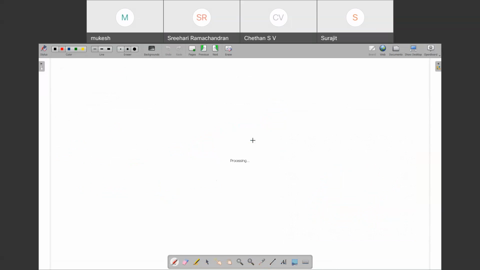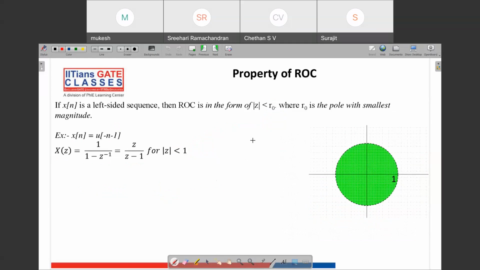Let me go to the next slide. Next is if the signal is a left-sided signal. I've taken this example, so the Z transform of the signal will be 1 upon 1 minus z inverse, or z upon z minus 1, and the ROC will be something like this. Whenever you have a left-sided sequence or signal, the ROC will be in this form: mod of z less than r naught, where r naught is the smallest magnitude pole.